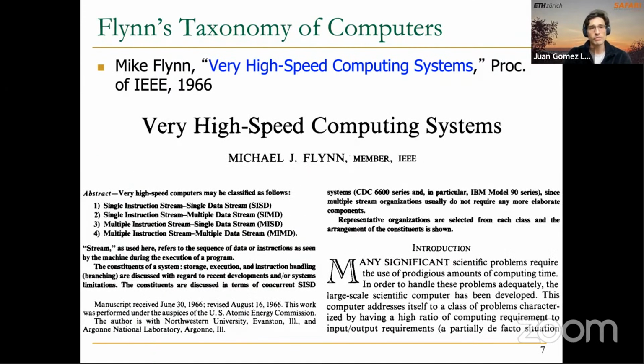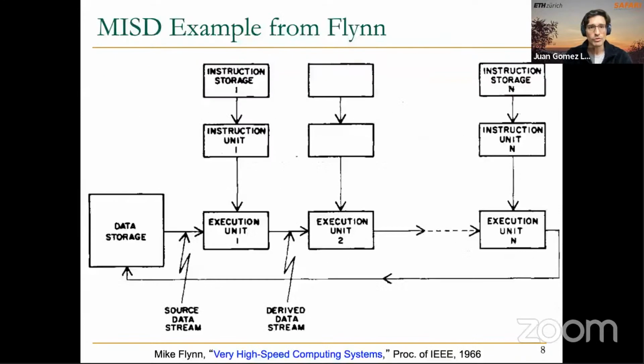This is the paper from Michael Flynn, Very High-Speed Computing Systems, and it's also a good and recommended reading for today's lecture. But let's take a look at some figures from the paper itself. This is the MISD example from Flynn.